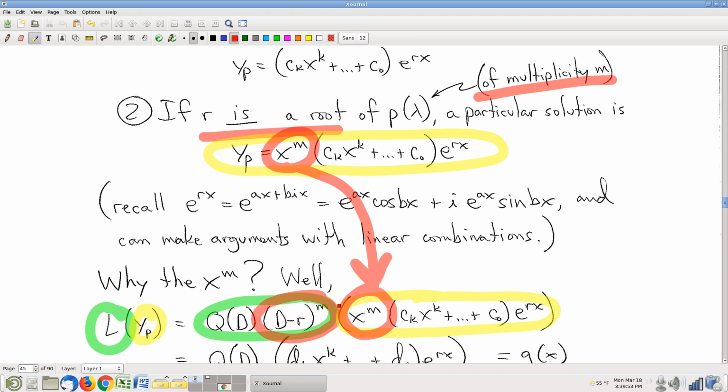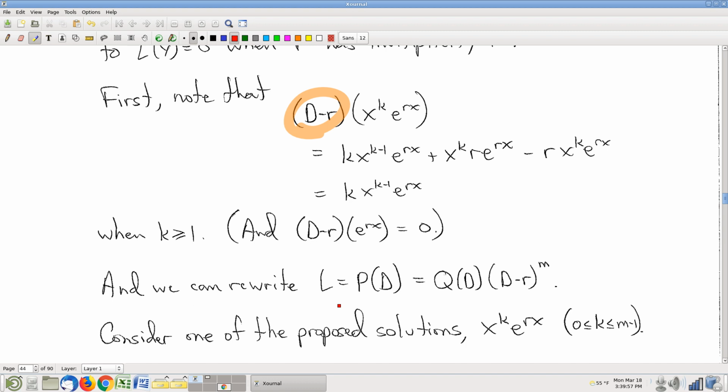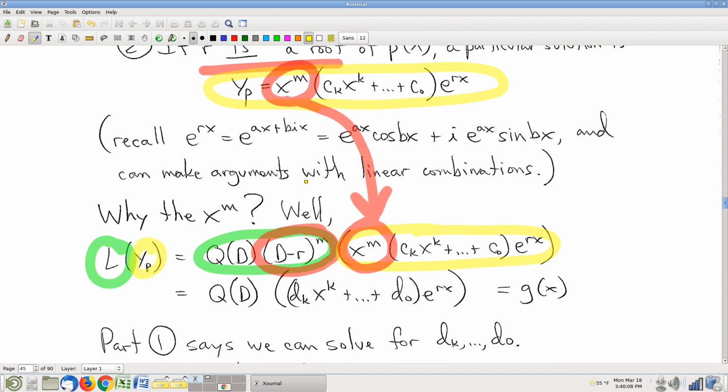Okay, now, going back, don't forget, I have to concede that killing off a factor of x is not the only thing that happens. There's also a scalar that appears out front, and as a result, these coefficients here are not going to be the same as those coefficients.